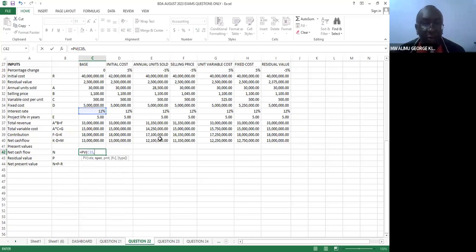The number of periods is this 5 years. Put a comma. Then it's asking for the present value, the amount that we are charging. So because we want it to be a positive value, you put negative this one. This is what we are looking for. Close the brackets. Then press enter.